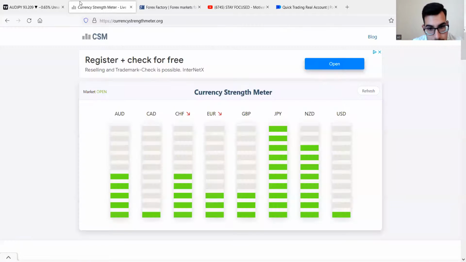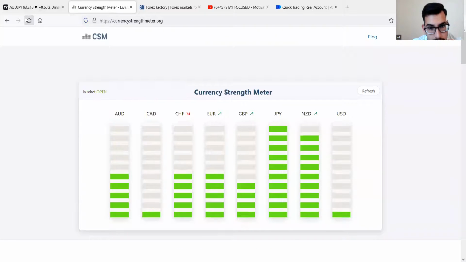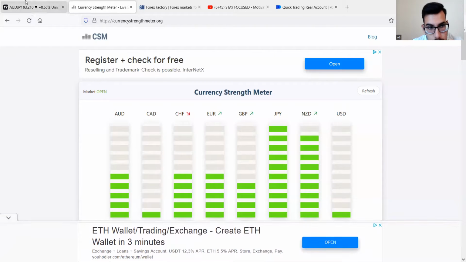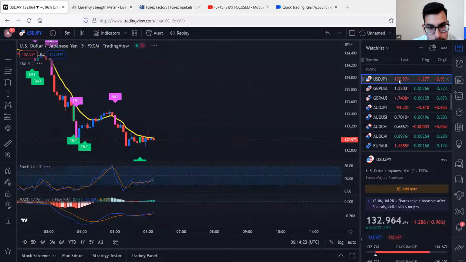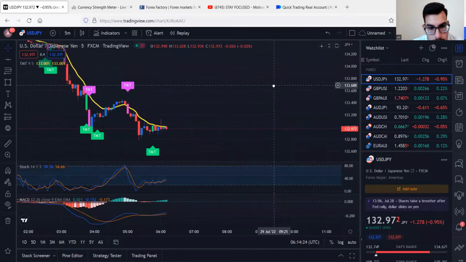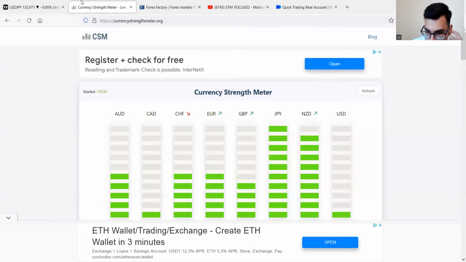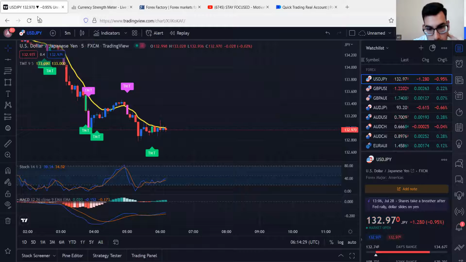Now let's look at a different area. Euro JPY. Or USD JPY. You know what? Let's look at USD JPY first. The conditions are bearish as well, but it doesn't seem to be close to us.